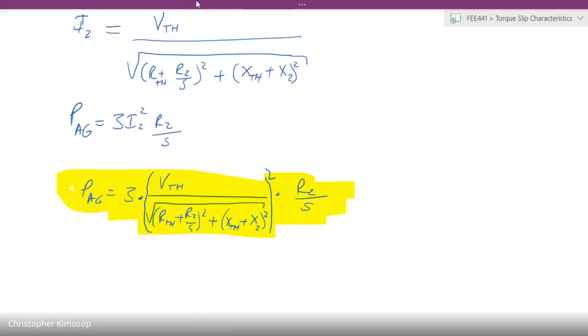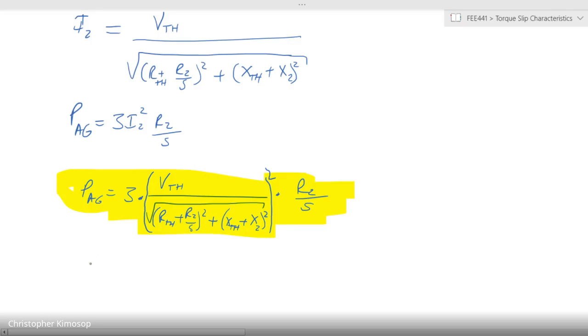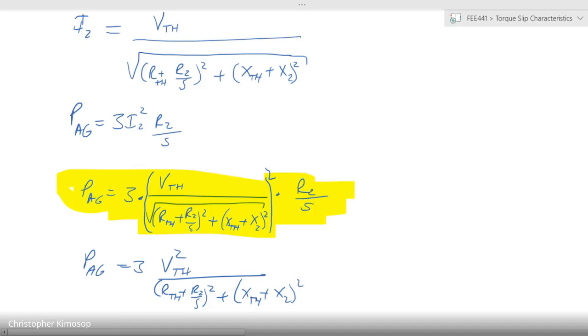Let's square it. So this now becomes PAG equals 3 times V Thevenin squared over, so if we square it, we remove the square root sign there, so it becomes R Thevenin plus R2 over S squared plus X Thevenin plus X2 squared.